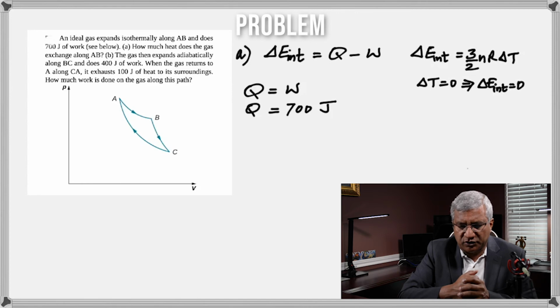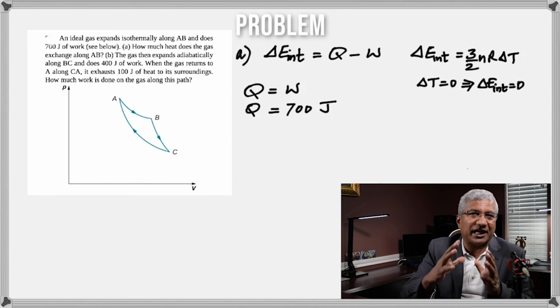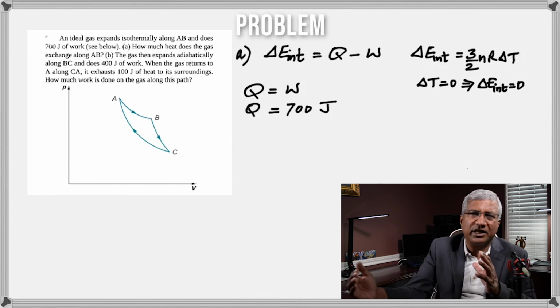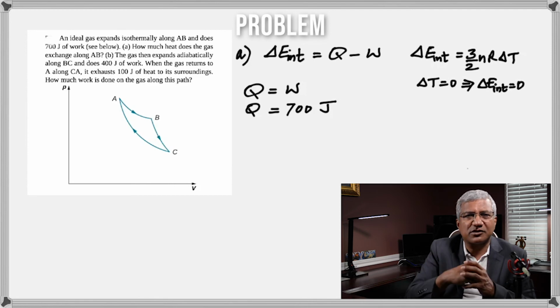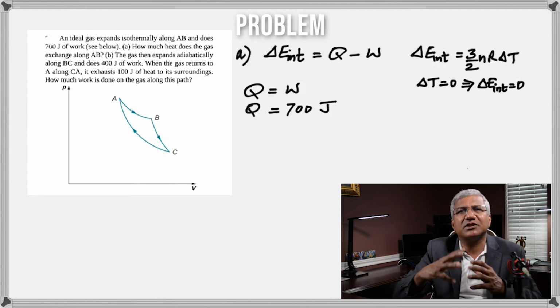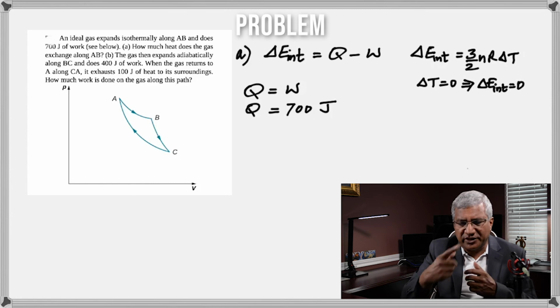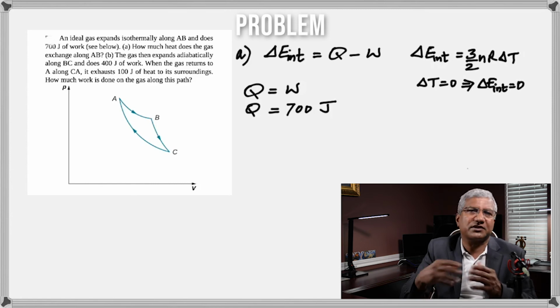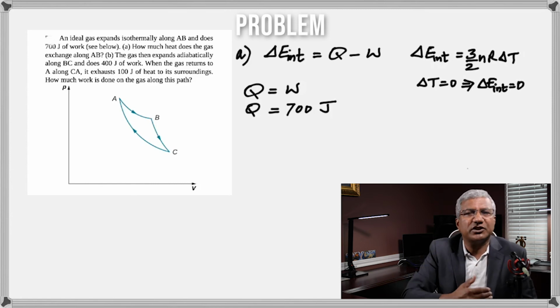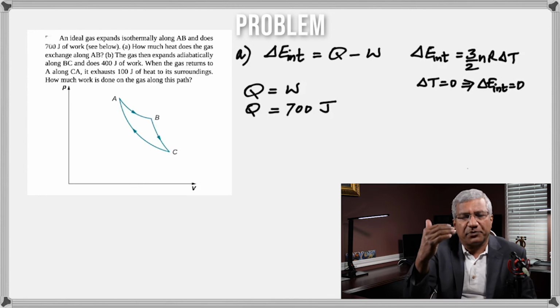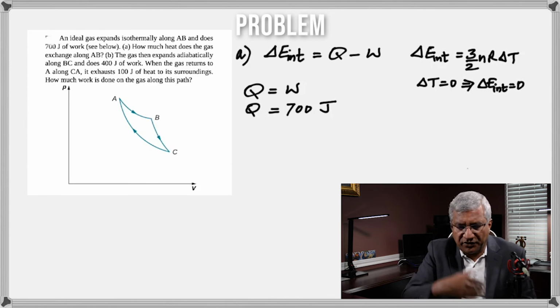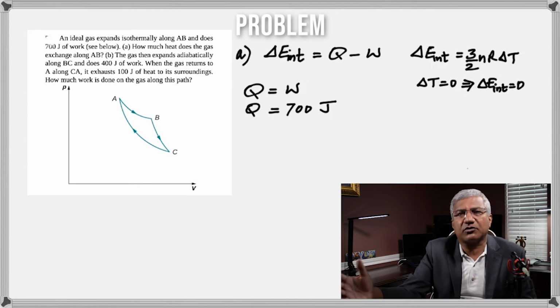It did 400 joules of work, so it should have had a decrease in internal energy of 400 joules. In an adiabatic process, no heat can come into the system, so it has to use its own internal energy. And then on top of that, it gives out 100 joules to the surroundings.